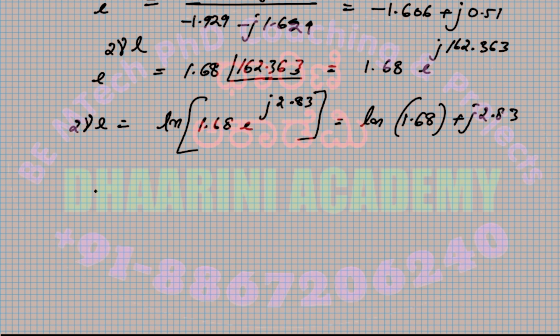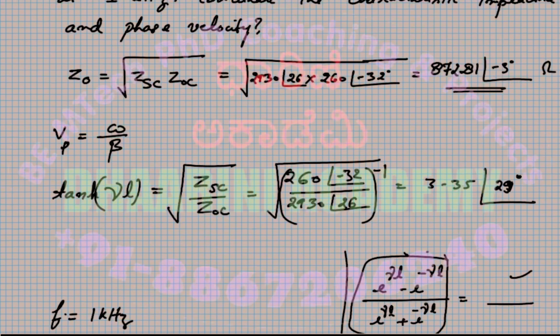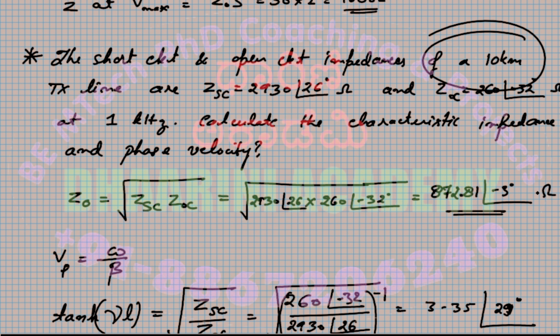First we'll find what is 2 gamma. So this is 0.51, and j 2.83. Now I know the 2L. L is given, I guess. 10 kilometers. Not given, let me just check once. Okay, so 10 kilometers.